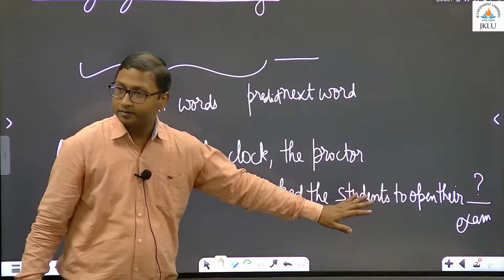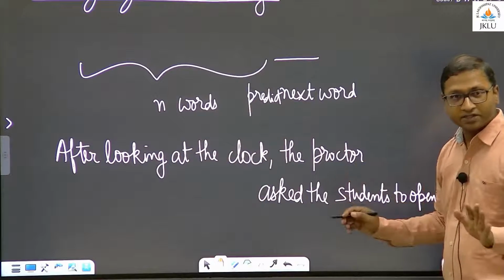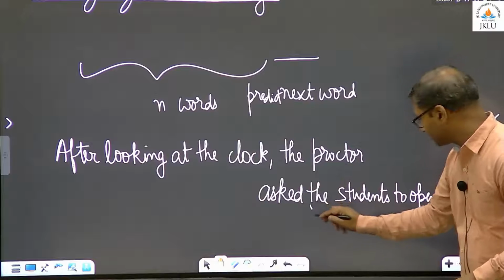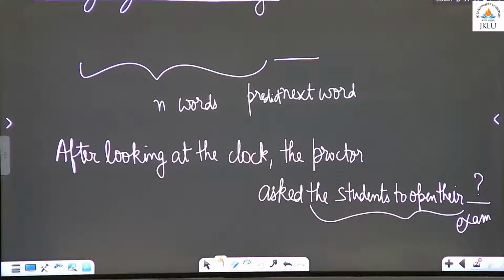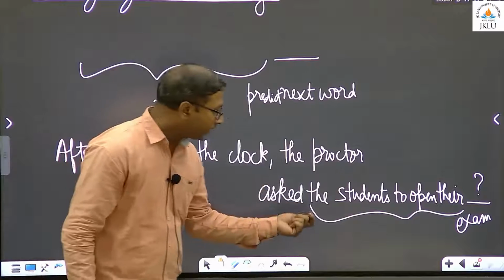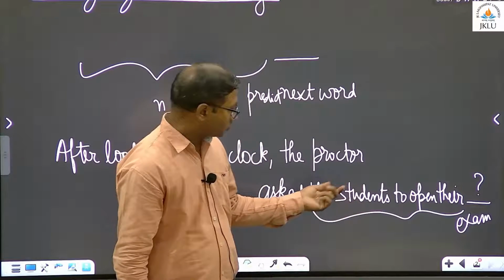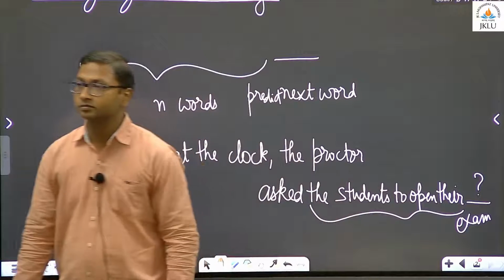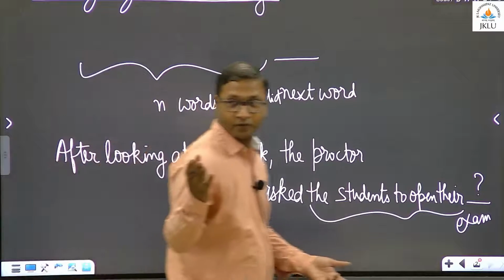Is this fine? Now somebody tells you that the context is only 4 words. So this is your context: the students to open their. Will your answer change? Lunch box. Okay. What else?